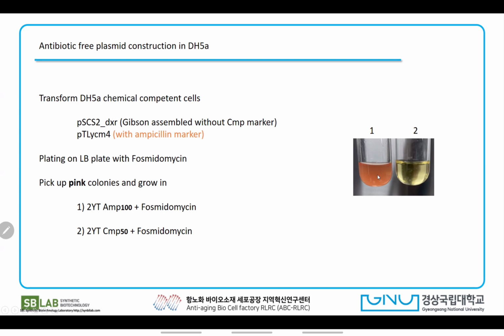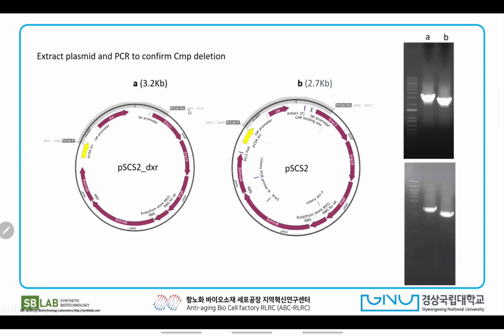And likely we got this: in ampicillin we were able to see the color development and growth, whereas in chloramphenicol phosmidomycin the cells were unable to grow. From here, we extracted this plasmid and confirmed that the chloramphenicol has been removed and replaced with DXR through a PCR.